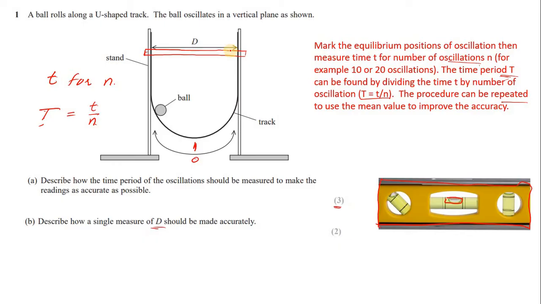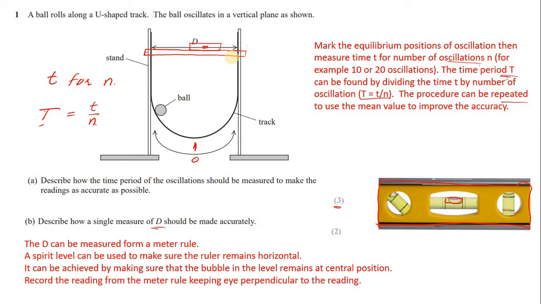So we put this spirit level above the ruler at the center or at the corner or both corners, and we adjust the ruler so that the bubble inside remains centered. If the bubble is at the center, then the ruler will be horizontal. And another thing is, because this is an analog meter and we are using our eye, our eye level should be perpendicular to the reading in order to avoid or reduce parallax error.